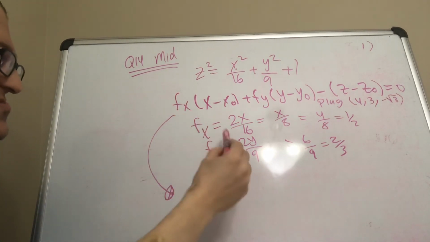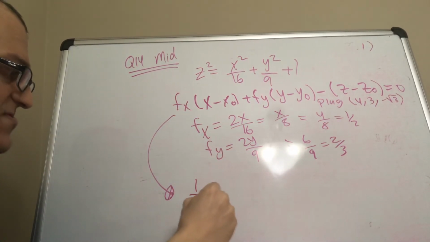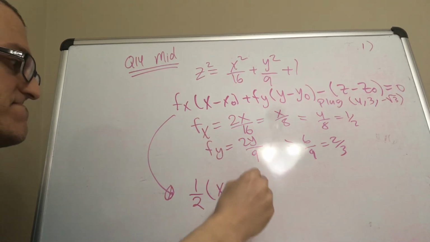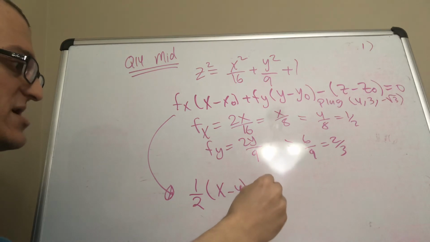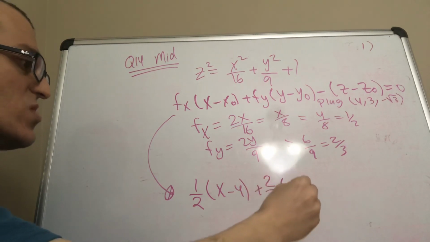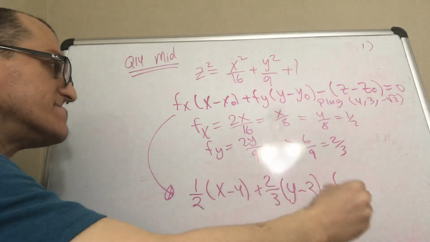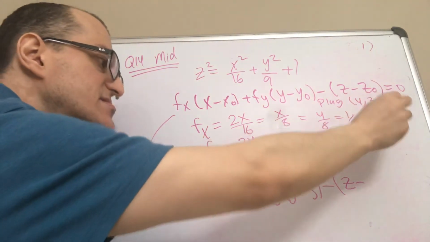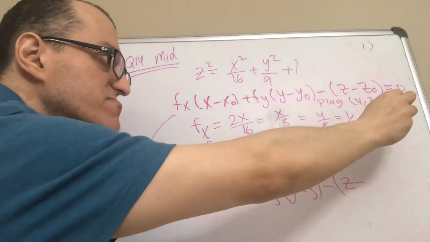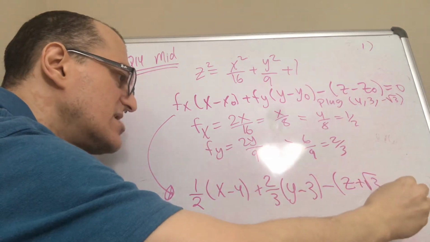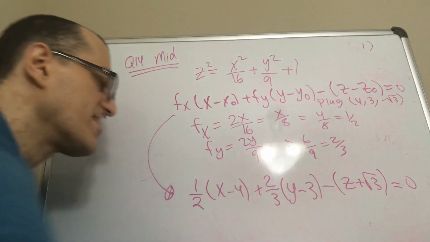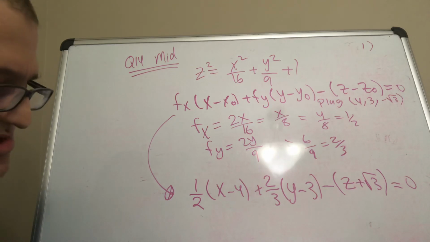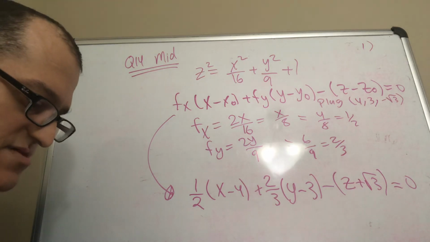So you need the derivative with respect to x, which is half, times x minus the point. The derivative of y times y minus the point. And then z minus whatever the z point is. So minus negative root 3 would be plus root 3. And you just leave it like it is. This is what you need to know for this question. Okay? Good luck.